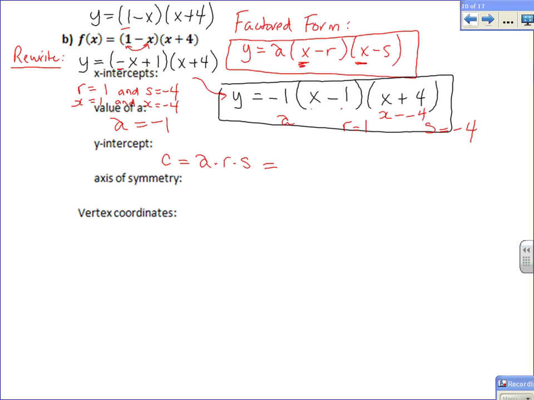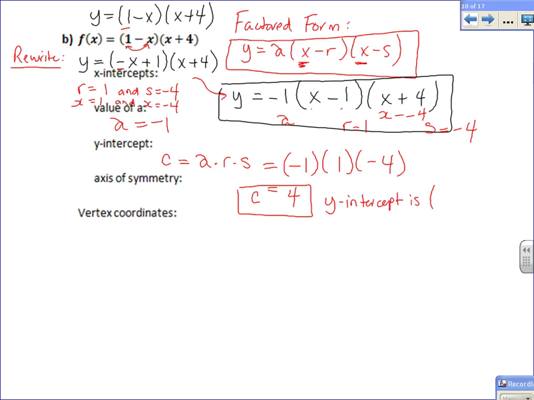So a is equal to -1, multiplied by r, which is 1, multiplied by s, which is -4. -1 times 1 is -1, -1 times -4 is +4. So c is equal to 4. There is my y-intercept. So my y-intercept is the point (0, 4) on the parabola.